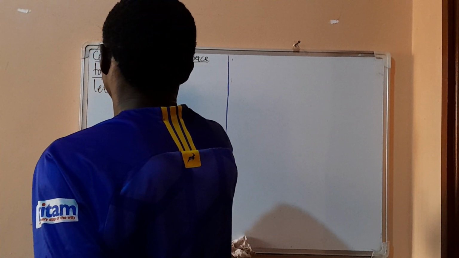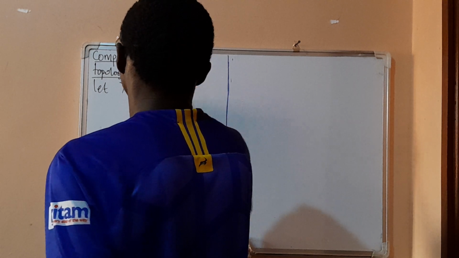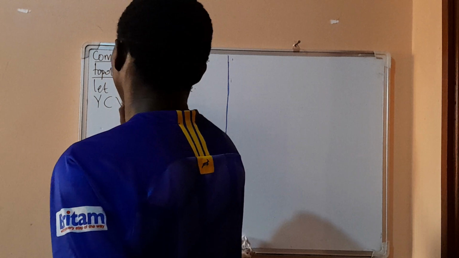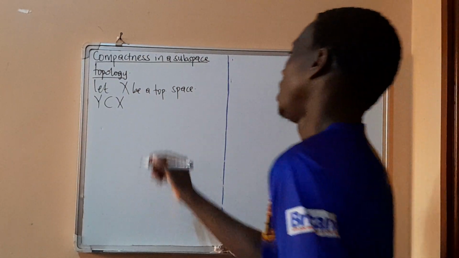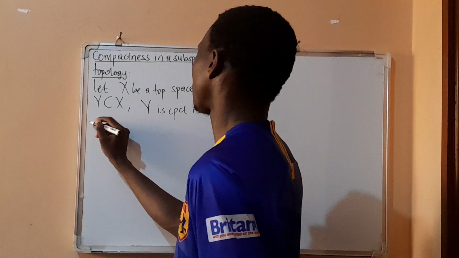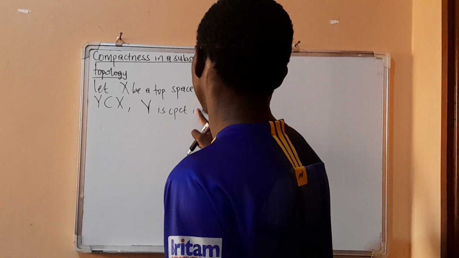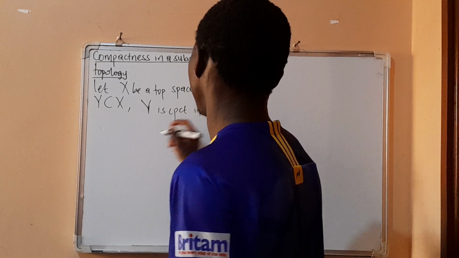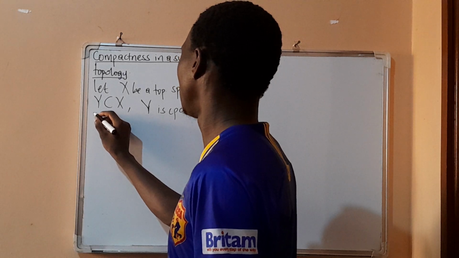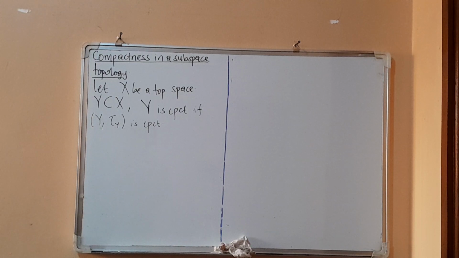Let X be a topological space, and let Y be a subset of X. Then Y is compact if Y is compact in the subspace topology, that is, if (Y, tau_Y) is compact.